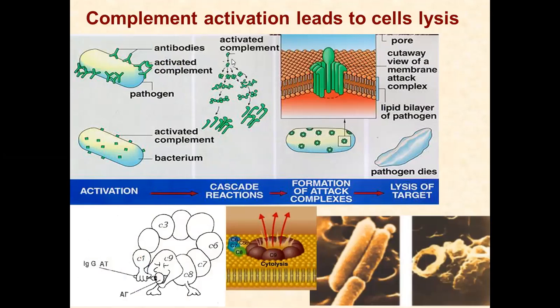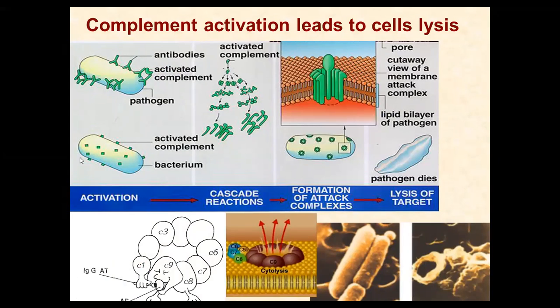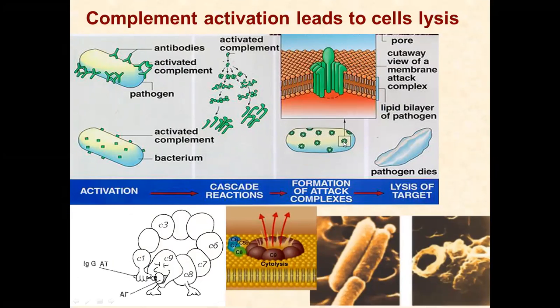And here is more detail about complement activation in the classical and alternative pathways, the cascade reaction, which results in formation of pores in the membrane of the target cell, a bacterial cell, and causes its lysis. And you see the bacteria before the complement activation and after the cell lysis and cell death.